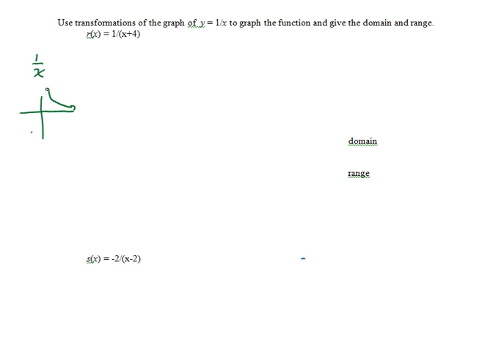It contains points where the coordinates are reciprocals of each other. So -10 and -1/10, 2, 1/2, and also 1, 1, and -1, -1, etc.